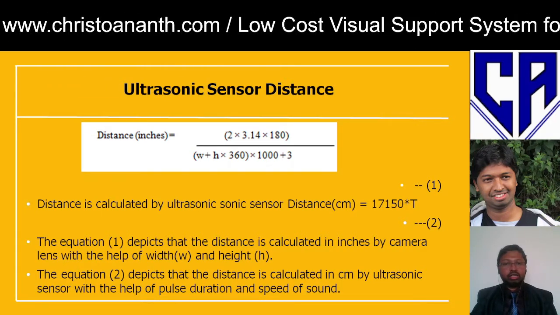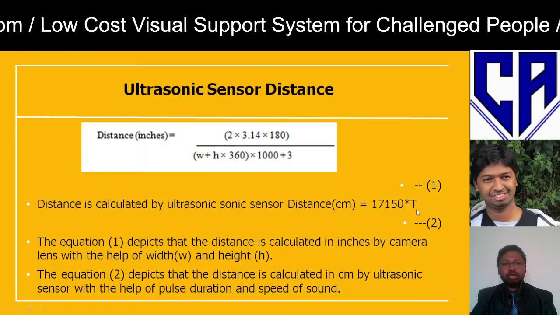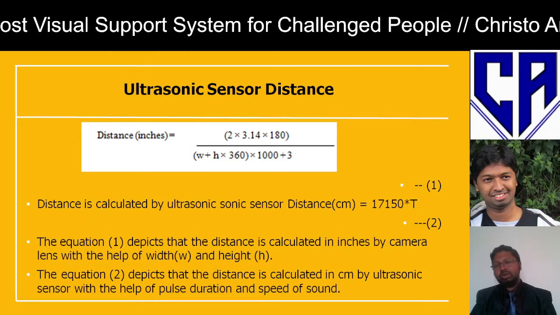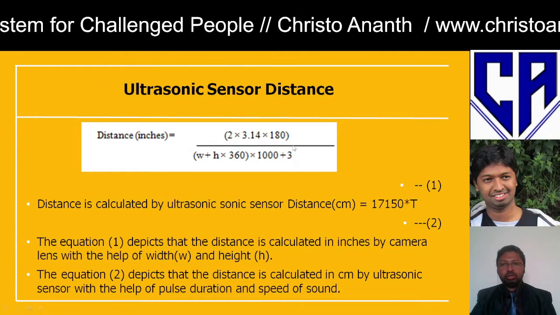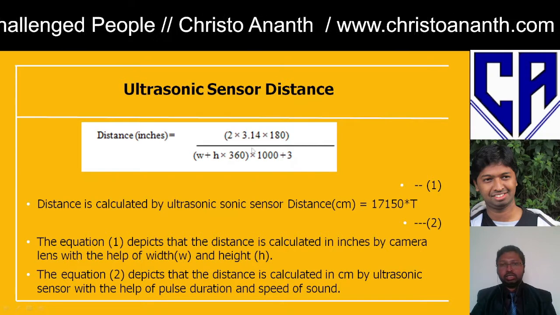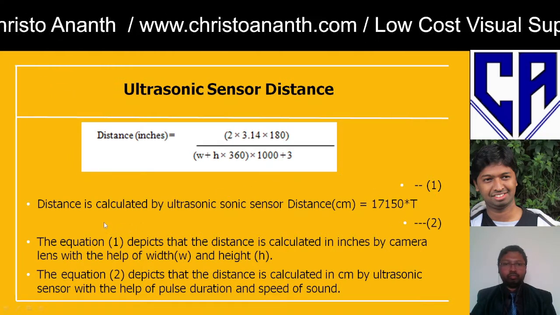Also the distance, this one is calculated in centimeters by the ultrasonic sensor with the help of pulse duration as well as the sound speed. So this we are calculating with the help of equation 2, and this one we are calculating in inches. This one is calculated in inches, this one is calculated in centimeters.